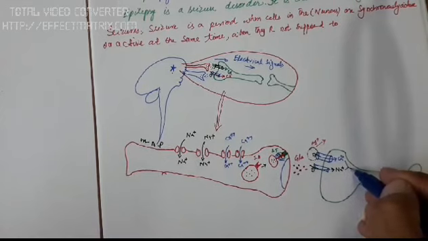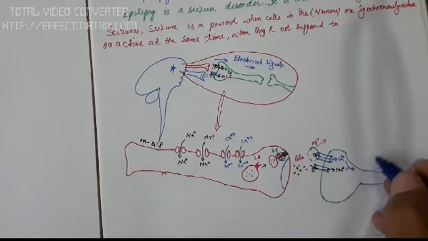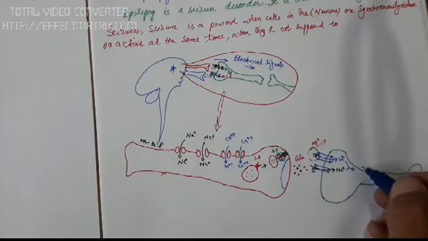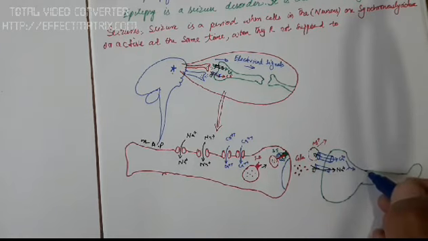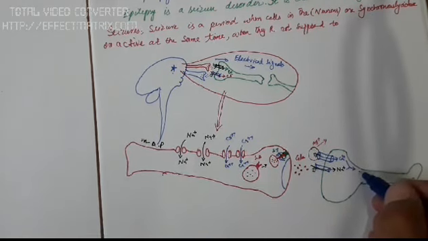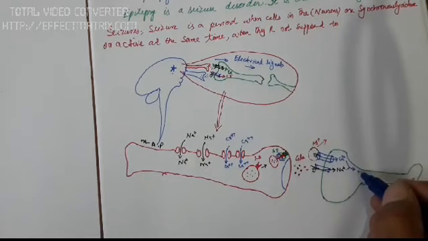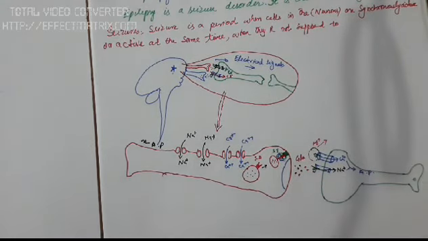Both these positive cations increase the positivity inside the neuronal cell. When this positivity reaches the threshold, then an action potential is generated.